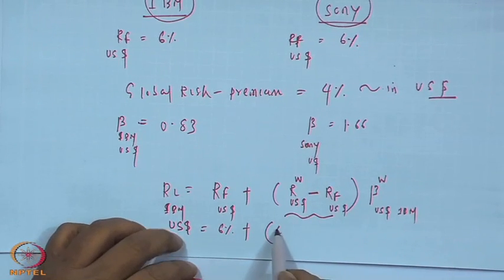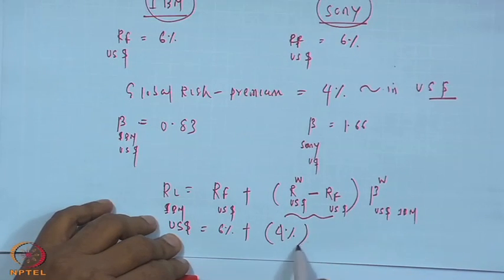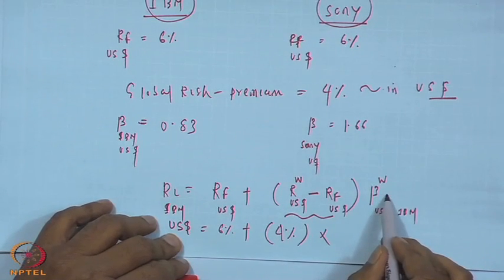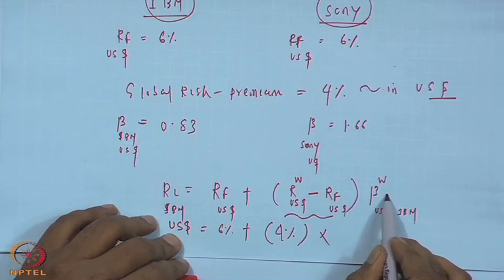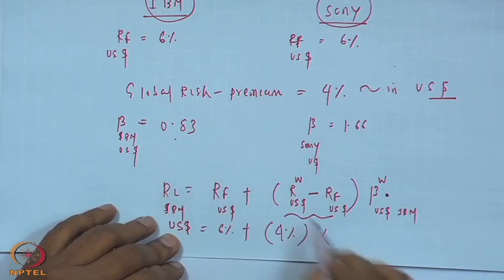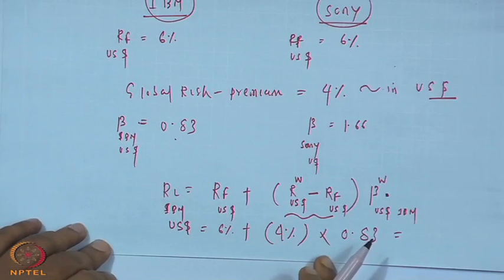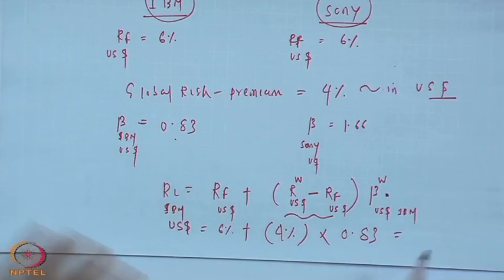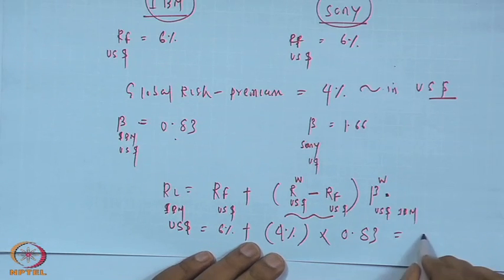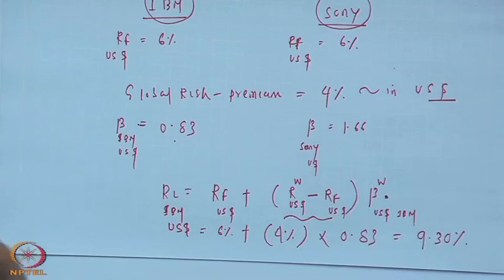So the risk premium of 4% is multiplied by the world beta of IBM in US dollar, which is 0.83. Adding that to 6%, we get the IBM cost of equity, which is 9.30 percent.